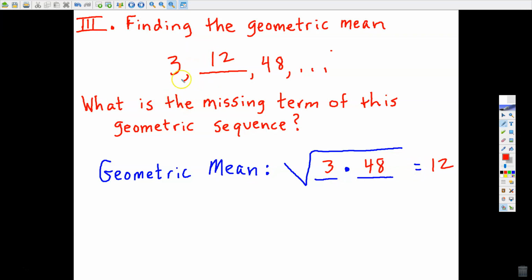And you can check yourself. Geometric sequence should be multiplying by the same number every time. So looks like 4 is that common ratio, and that works. And so here is how you find those missing terms. You use the geometric mean concept.